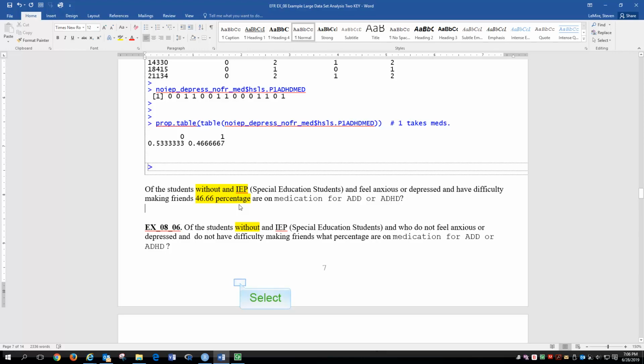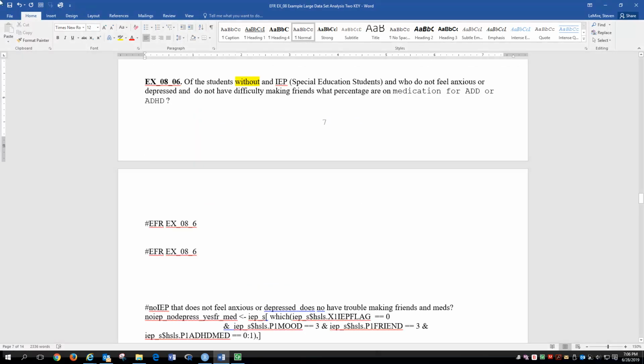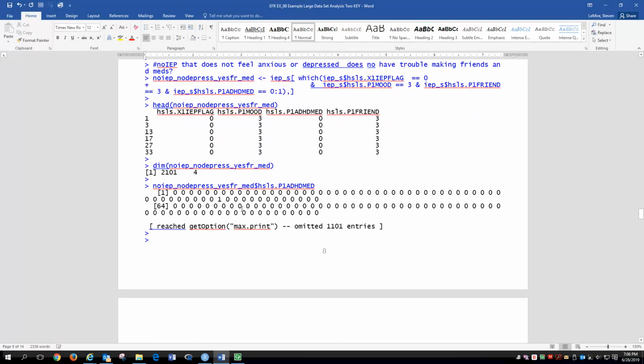Okay, for number 6, of the students without an IEP, special education, who do not feel anxious or depressed and do not have difficulty making friends, what percentage are on medication for ADHD? So when I run that, here it is.